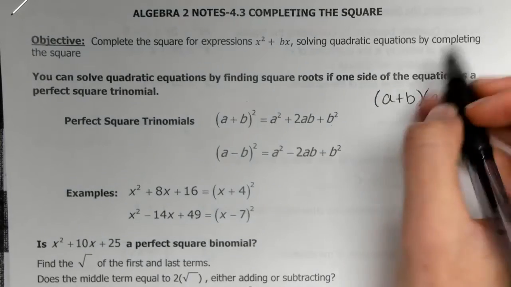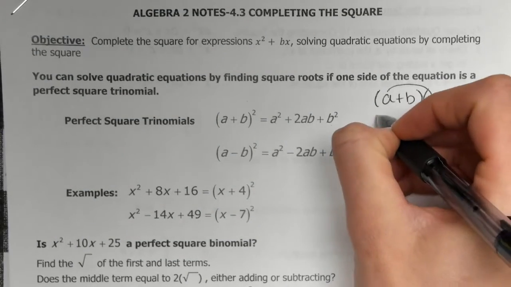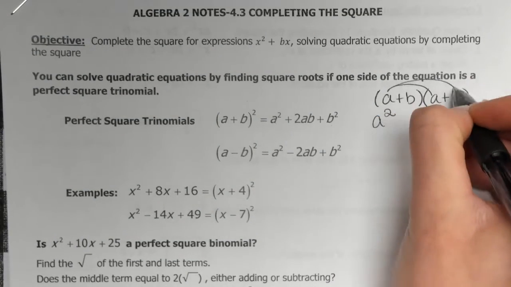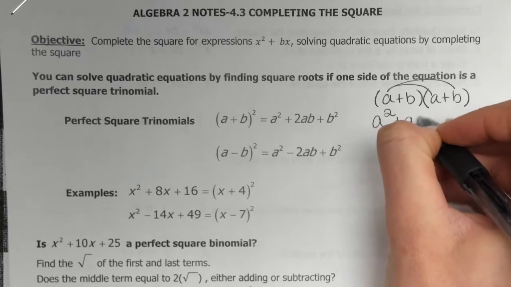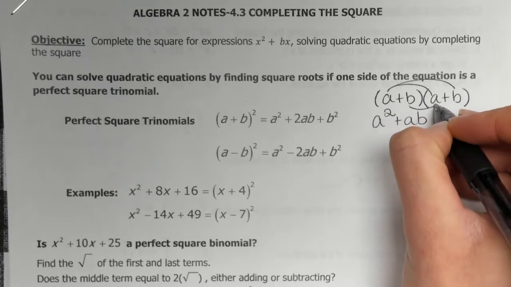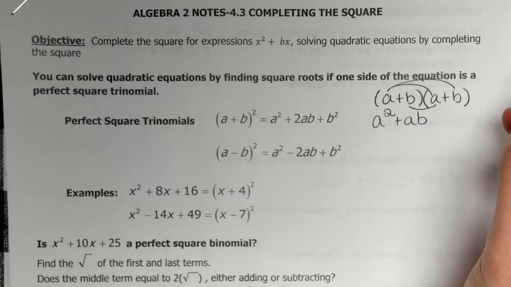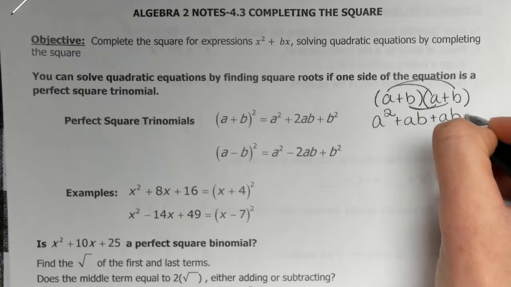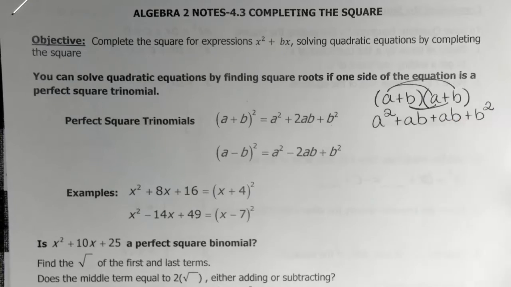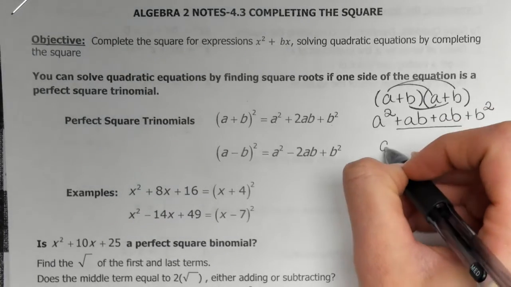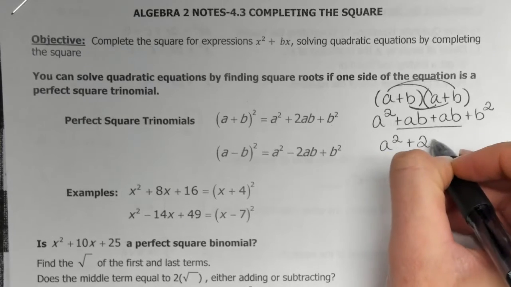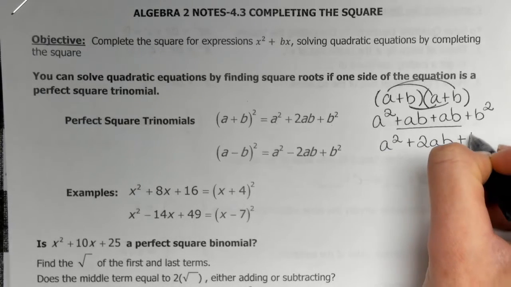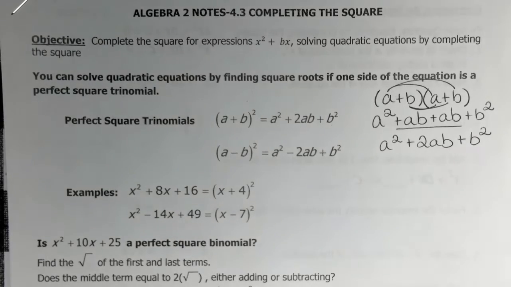If I were to FOIL this out, a times a would give me a squared, a times b would give me ab, b times a written in alphabetical order would also be ab, and then b times b would be your b squared. When I add ab plus ab, that is going to give me 2ab. So that is where the a squared plus 2ab plus b squared formula comes from.